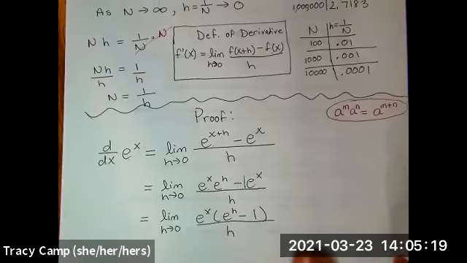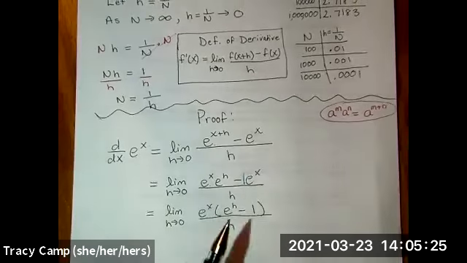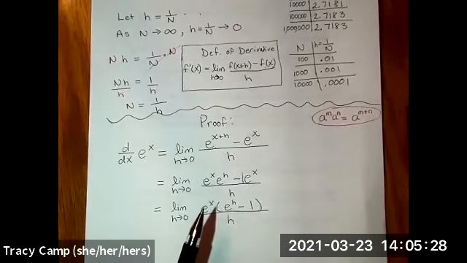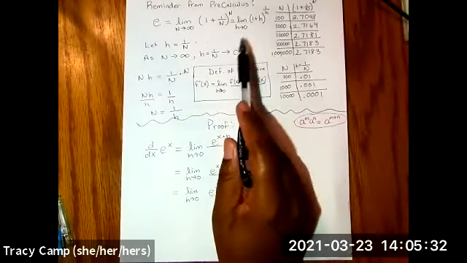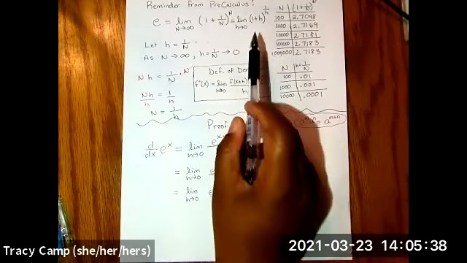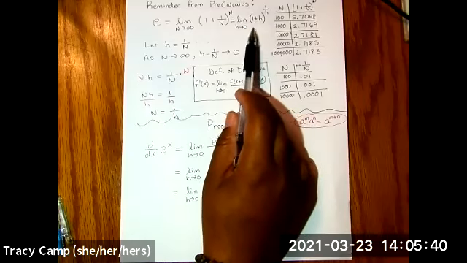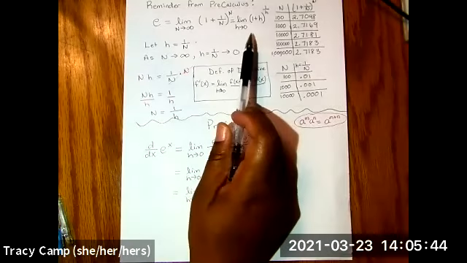And now I'm going to use my definition of e. Now that I have this, where's my definition? Here it is. Here's my definition of e. I'm going to use this. I'm going to replace my e to the h with this thing, the e in the e to the h with this.